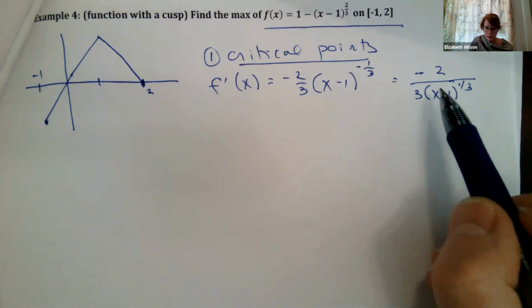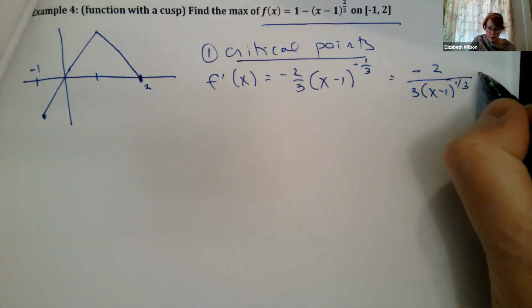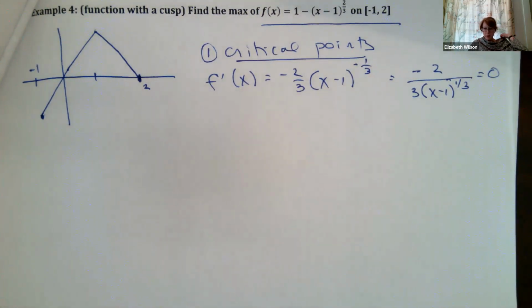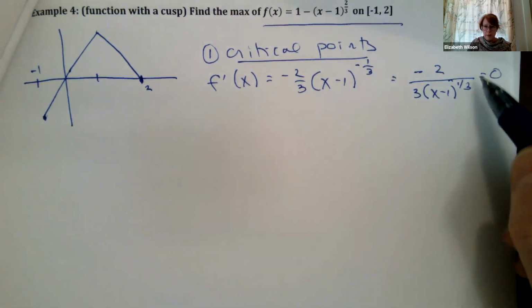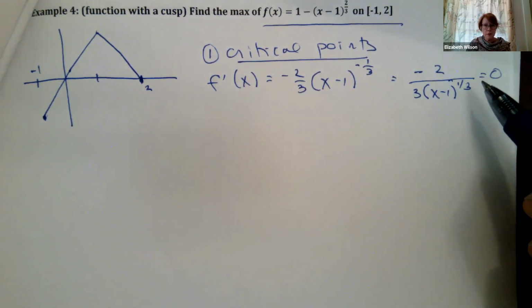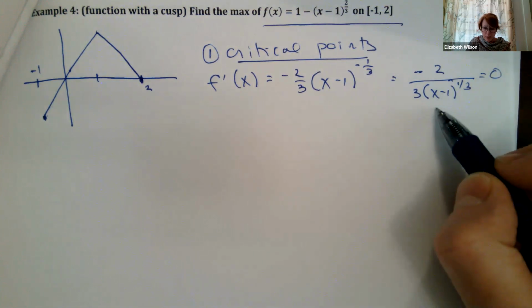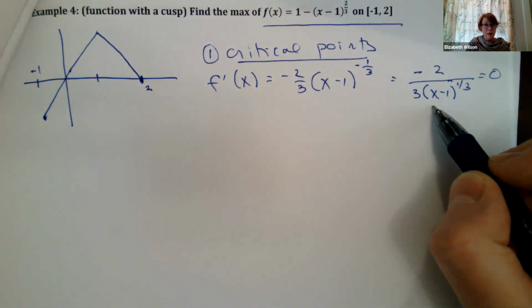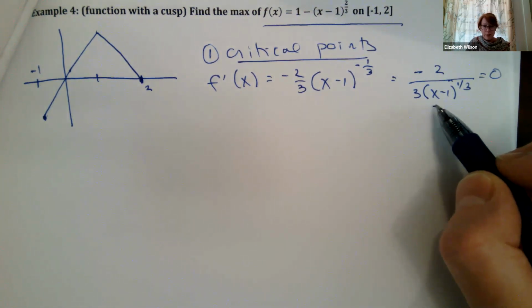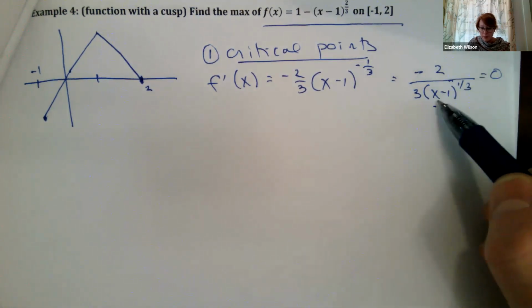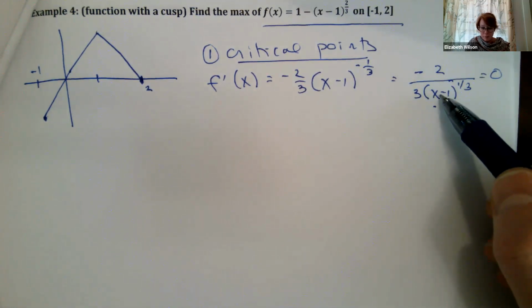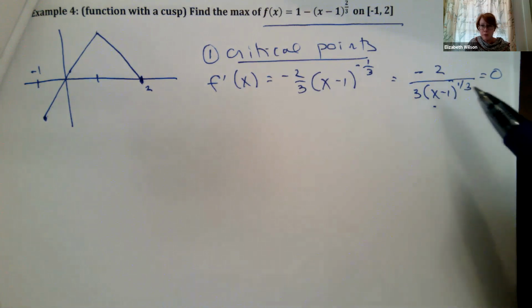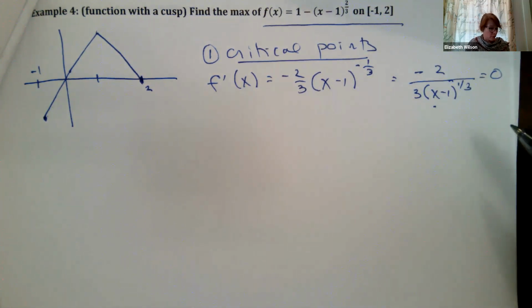So you can see here, right, if I set this equal to 0, there's no value that's going to cause the derivative to equal 0. If I plug in x equals 1, in theory, it's going to give me a divide by 0 error, but that's the only place of concern.